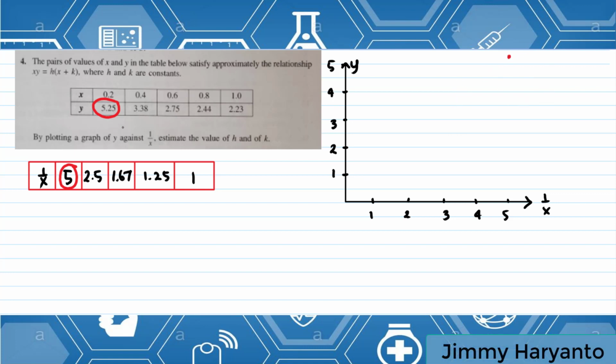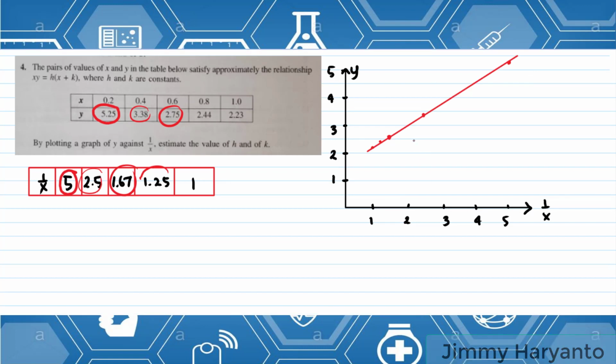And then 2.5 comma 3.38, it's right here. And then 1.67 and 2.75, and then 1.25, 2.44, and then 1 and 2.23 right here. Okay, and then we will have a straight line.